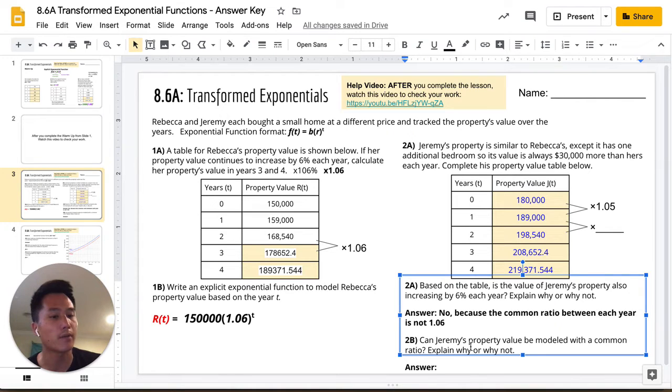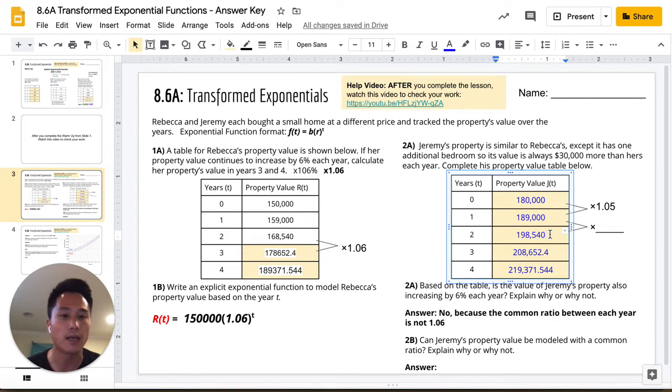Explain why or why not. Common ratio means we are multiplying by the exact same number between each year to get to the next year. We know that between year 0 and year 1, it's being multiplied by 1.05.